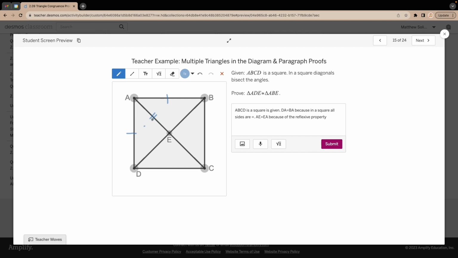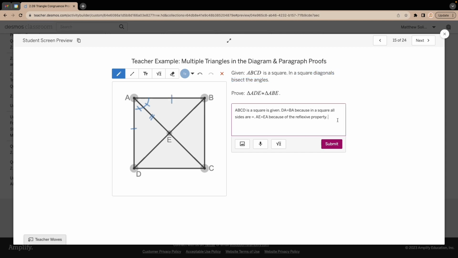So I got a side, I got a side. I got these 2 sides are equal. I need one more thing. All right, let's see. I was also given some information. I should always check the given. In a square, the diagonals bisect the angles. So diagonals cut the angle in half. So if this angle is cut in half, this half is equal to this half. So we have that reflexive property. We have those sides equal.